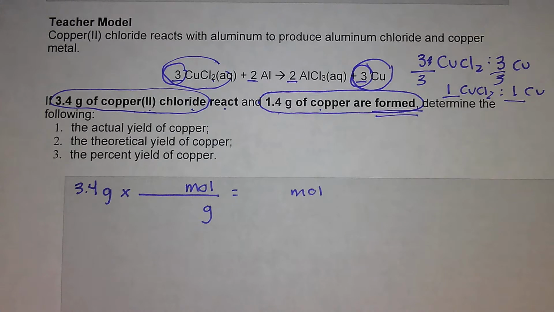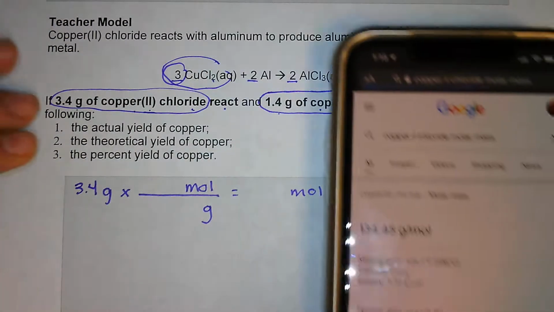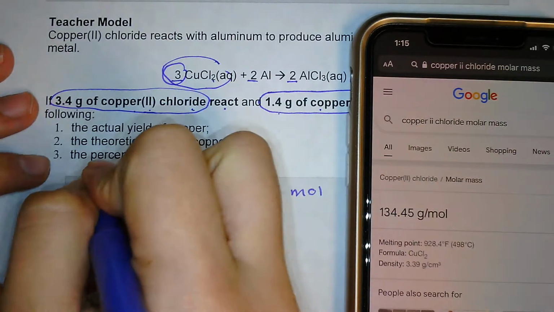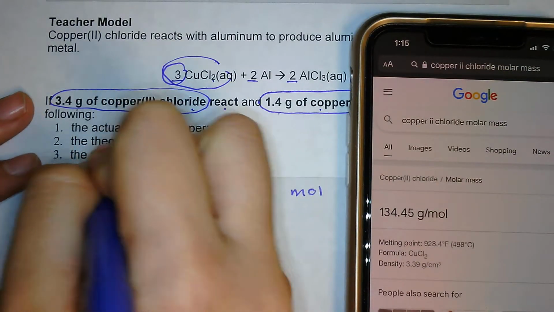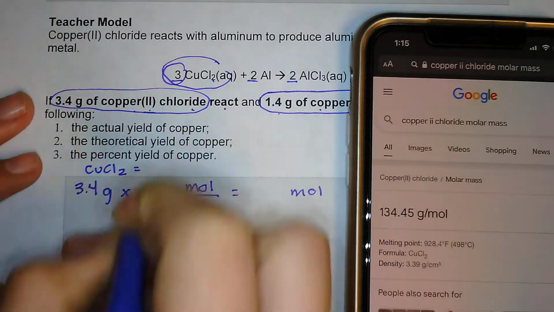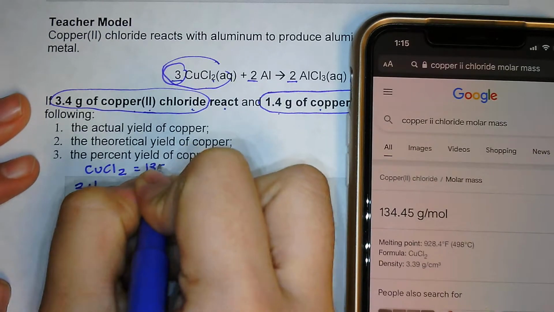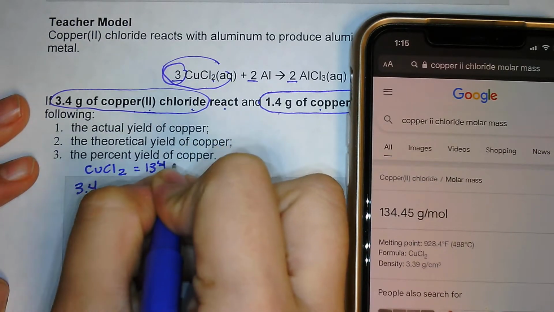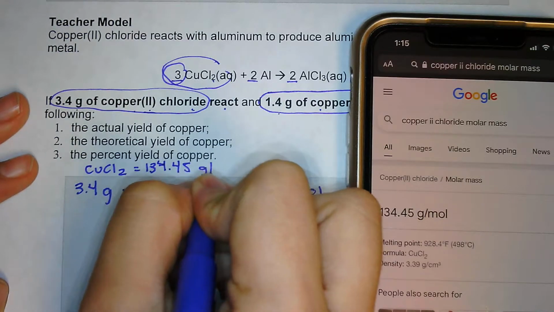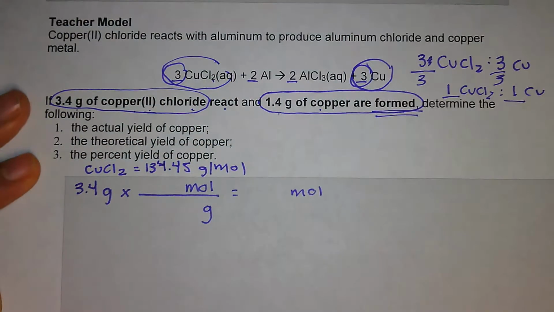You also should practice calculating this straight from your periodic table, but for the sake of me showing you, I just look it up. So I know that copper 2 chloride, CuCl2, has a molar mass of 134.45 grams per mole.